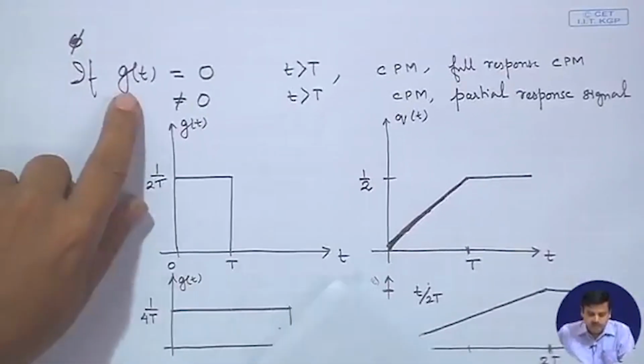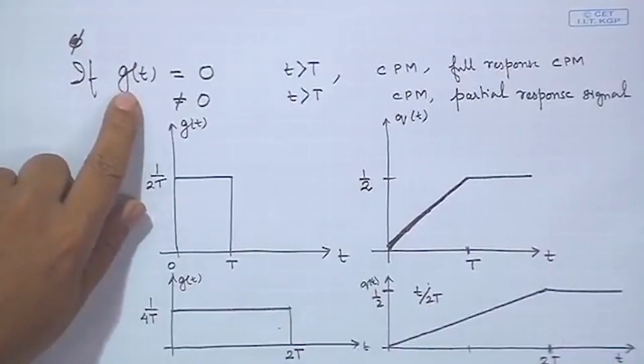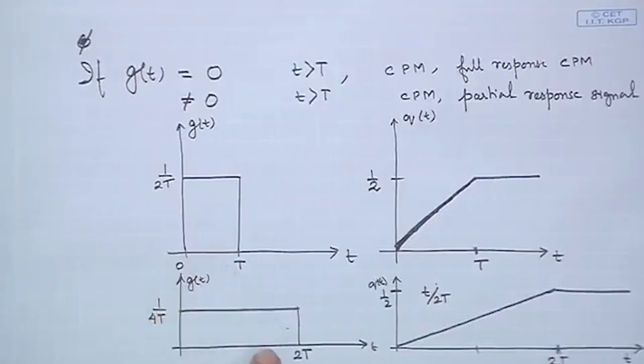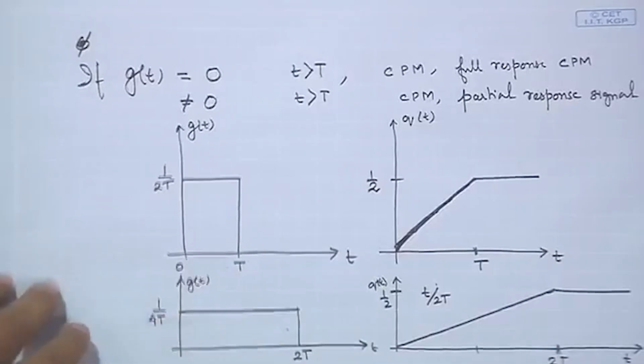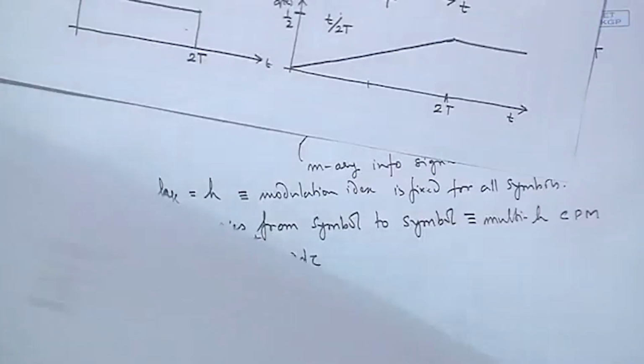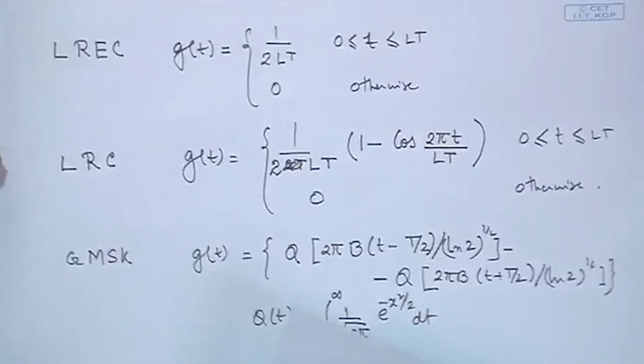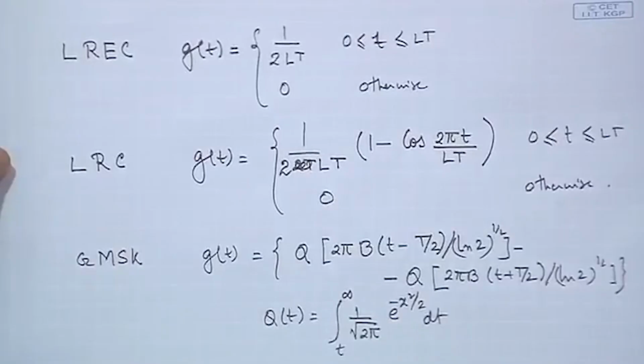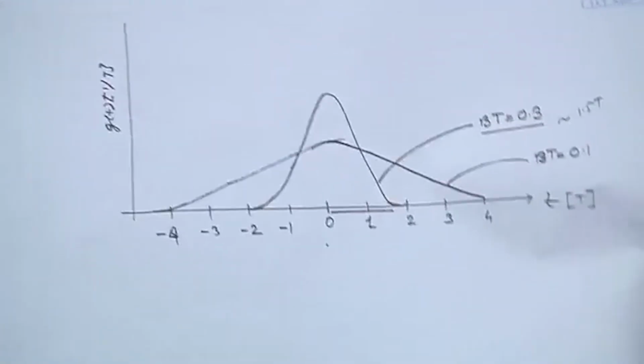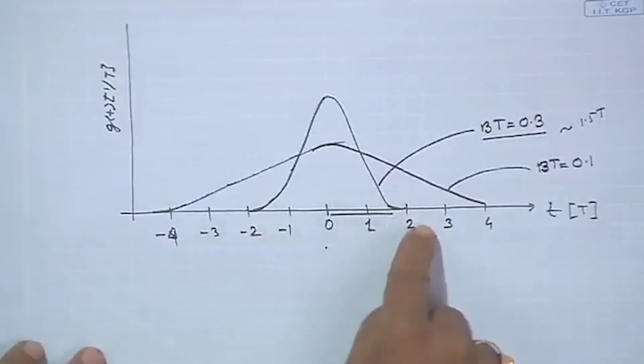And then we defined that if your pulse shape is not restricted to T, that means what you have over here, you have partial response signaling. Then we moved on further and gave the numerical form of certain pulse shapes, which we drew to explain how the pulse shape would look.